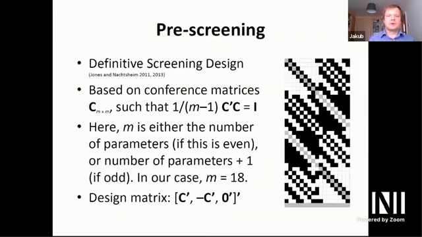Just one more slide about pre-screening: how we compressed the initial 17 parameters to 7. We used something from the literature on experimental design called definitive screening design, which allows us to look at the effects of different parameters on the model outputs and discard those that do not seem to have much influence.